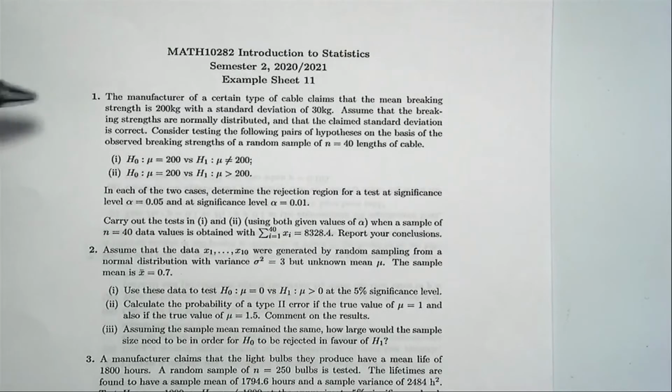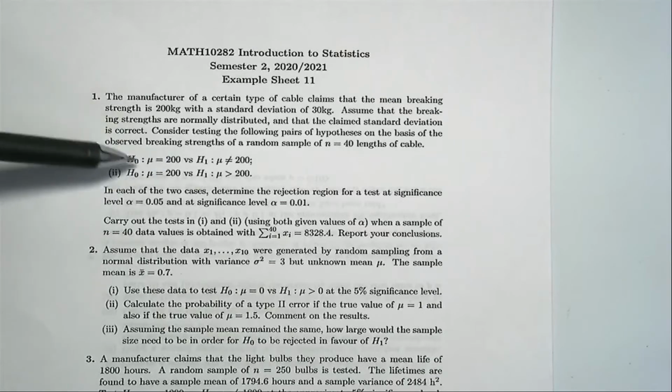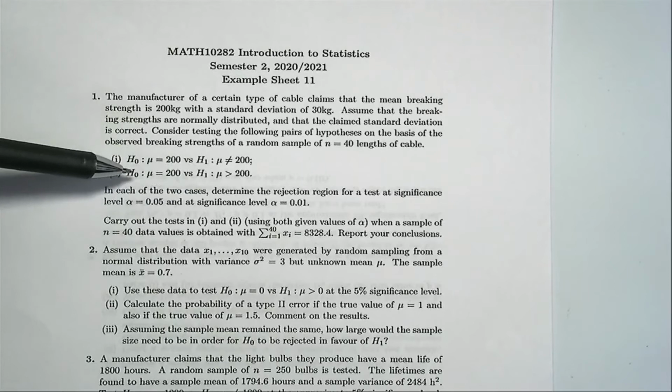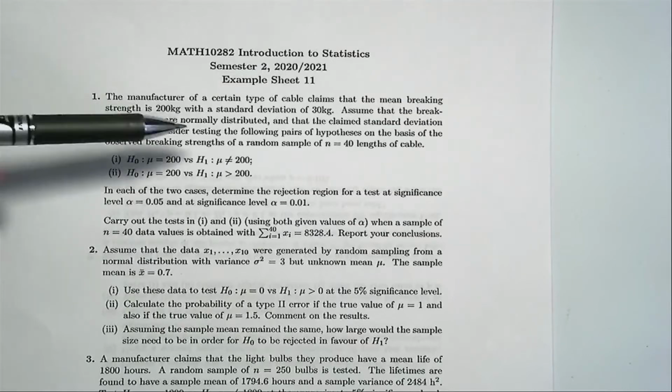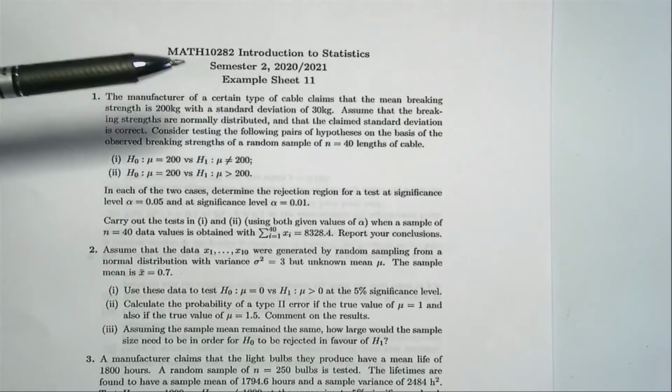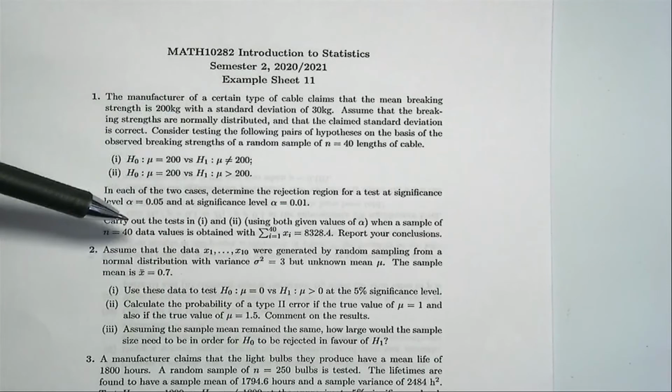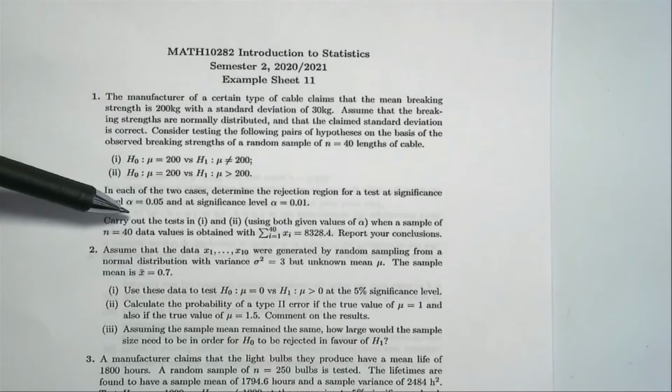So here we are trying to test this versus this and this versus this, where mu is the mean breaking strength. It has a standard deviation of 30, and we want to test using alpha, the level of significance, equal to 0.05 and 0.01.